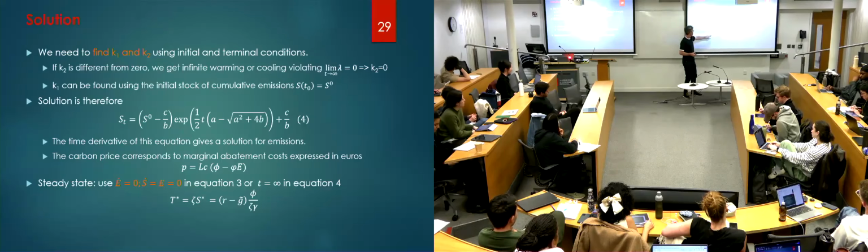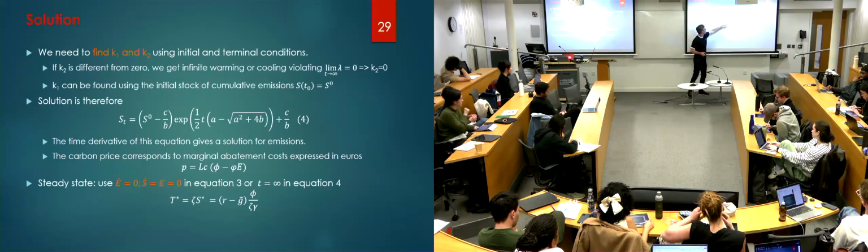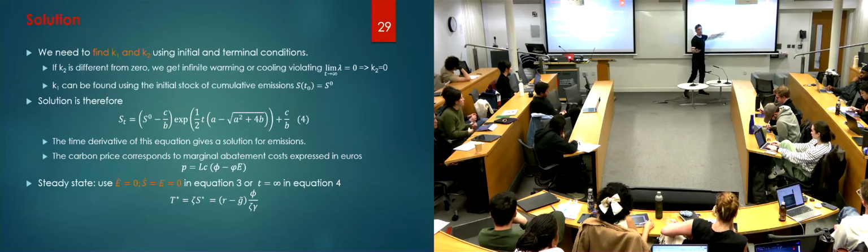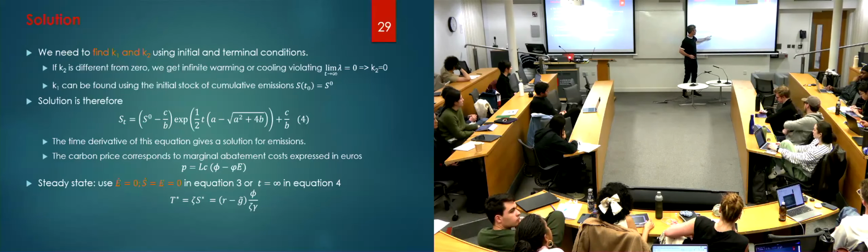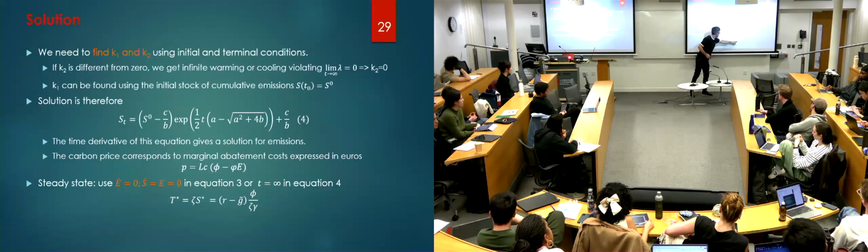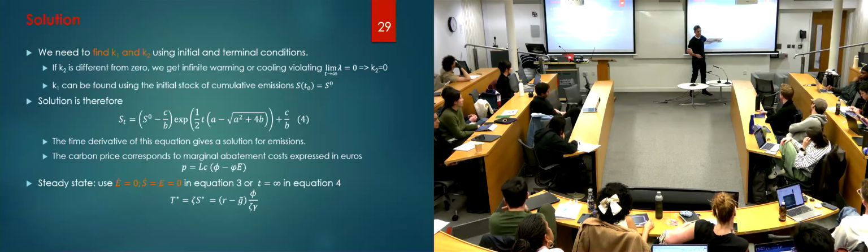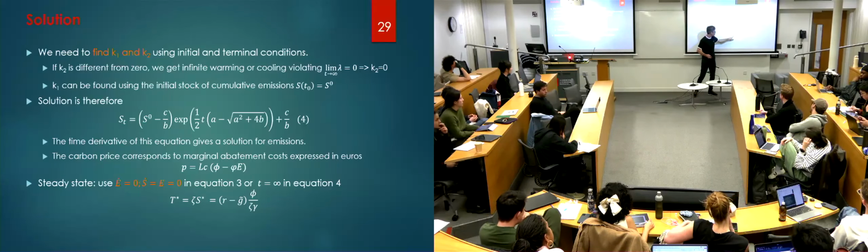And we can say, what if time goes to infinity? Then we get our steady state. Or in the preceding equations, we can put these time derivatives to 0, and we get this equation. So the optimal steady state temperature is just the product of 4 things that are very uncertain.